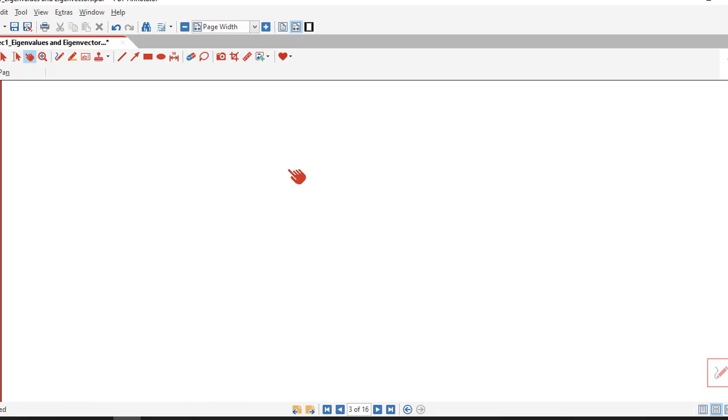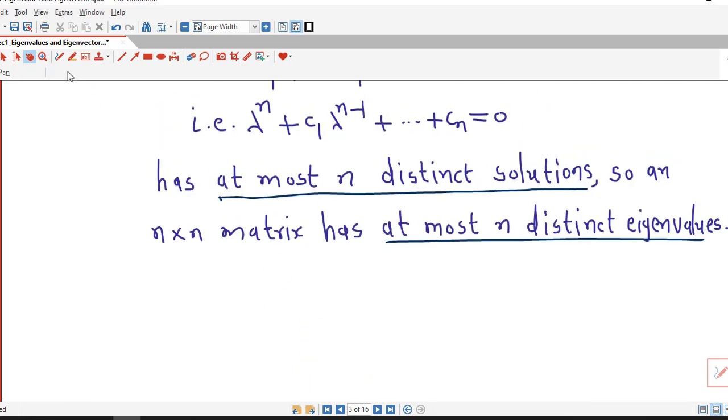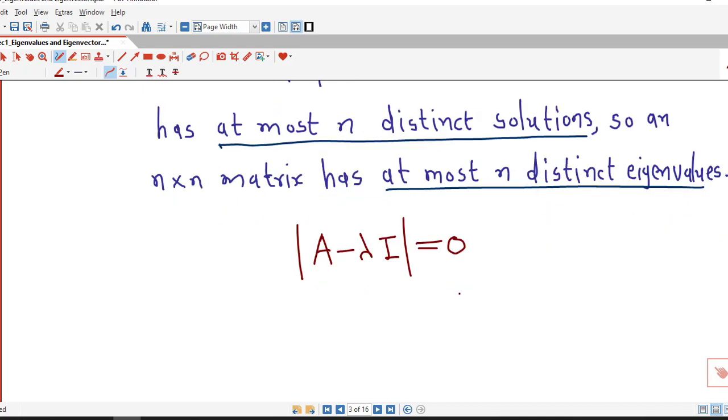After finding the eigenvalues, this is the first step to find the eigenvalues of a given matrix. We will solve this determinant A minus lambda I equal to 0. So we will obtain a maximum of n distinct eigenvalues.